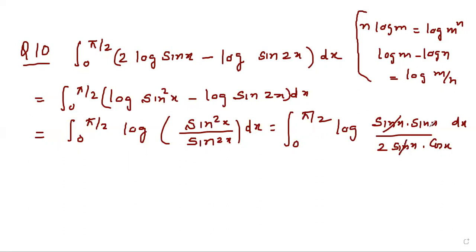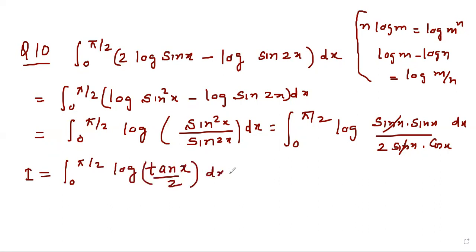And then tan x by 2 will be left. So we get I equals integral from 0 to pi by 2 of log tan x divided by 2 dx.